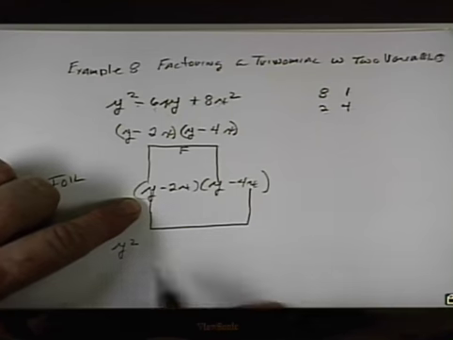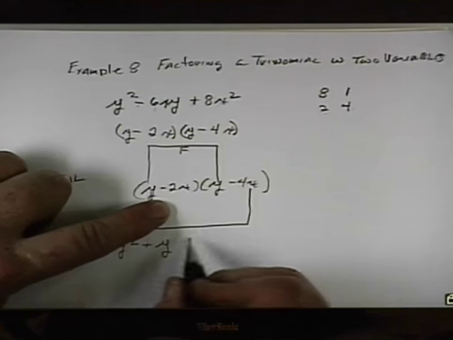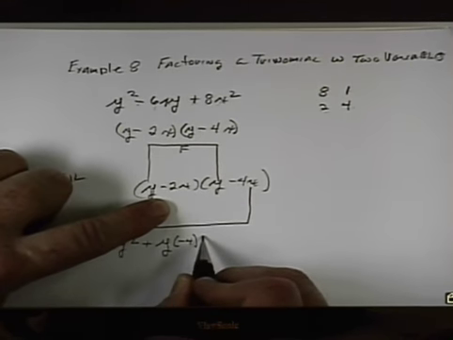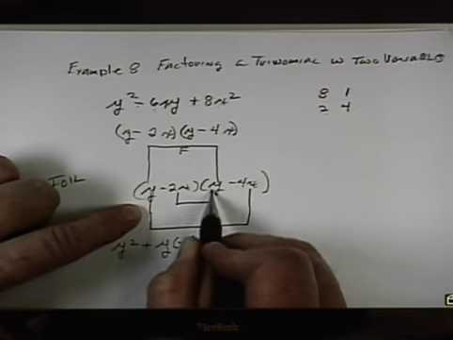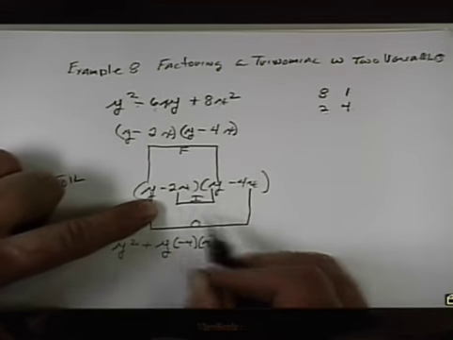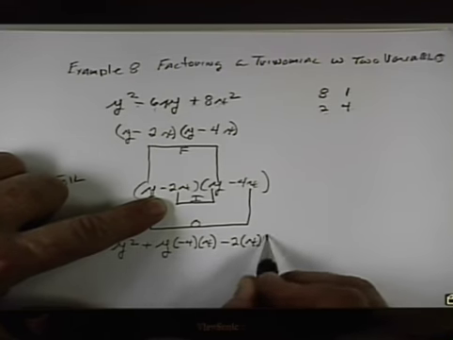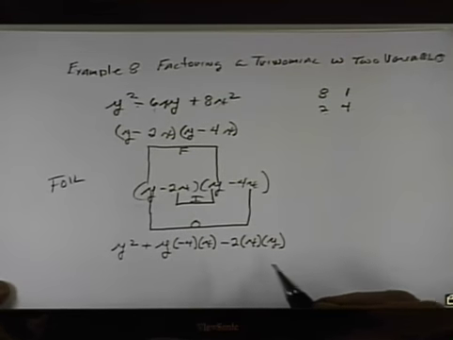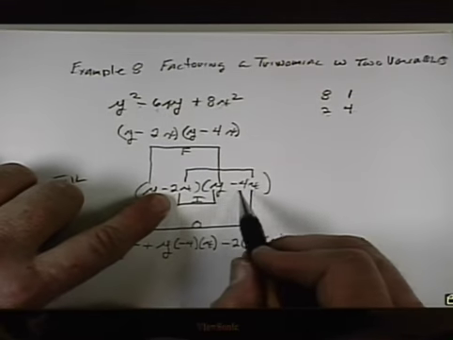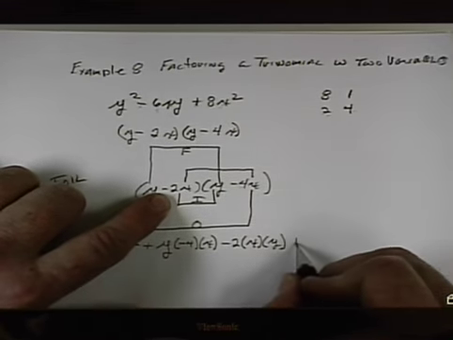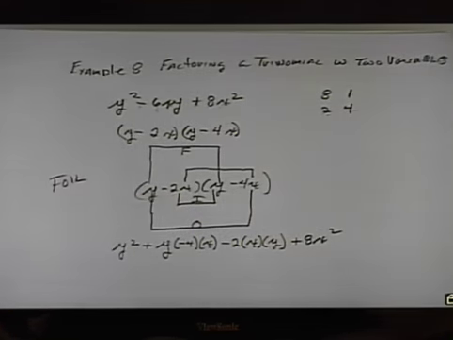This is y, we'll put a plus here, y times a minus 4 times x. Inside times inside. This was O, this is I. Minus 2 times x times y. And last times last. A minus 2 times a minus 4 is a plus 8, and x times x is x squared.